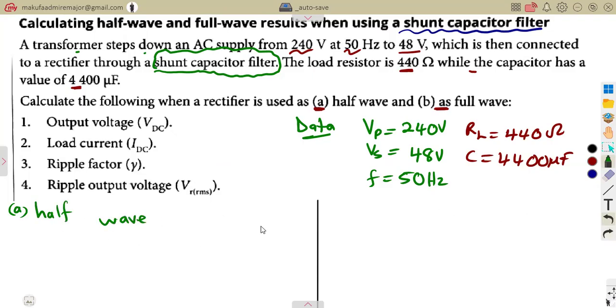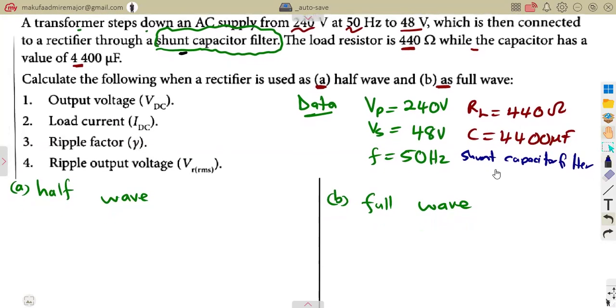All right, this side, let us consider for a full wave. So the question is, what are going to be the calculations? We do understand that we are referring to a shunt capacitor filter. All right, so let us take this information and try to answer our questions.